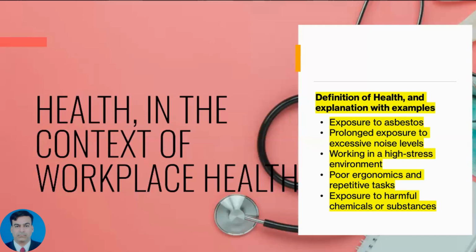These are the examples which highlight the importance of creating a healthy work environment that addresses both physical and psychological well-being. By identifying and mitigating potential health hazards, employers can promote the overall health and well-being of their workers.